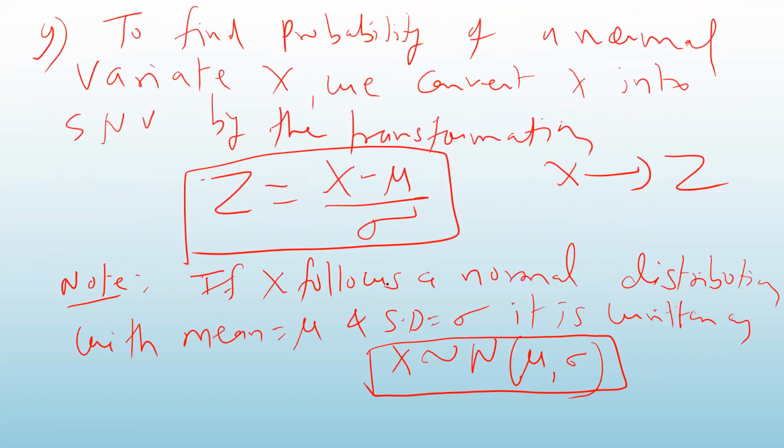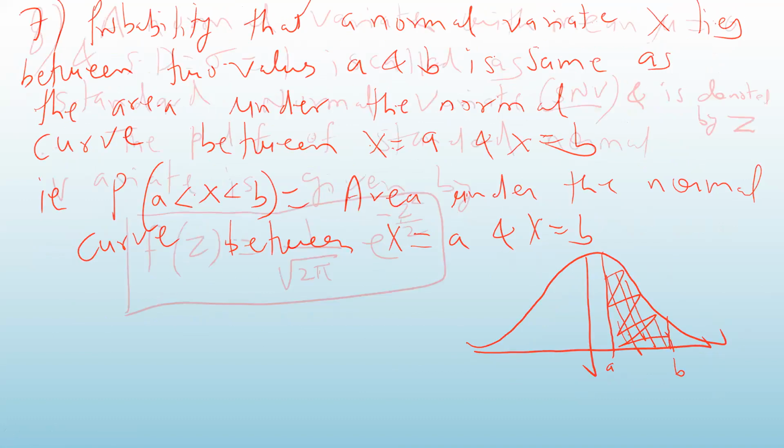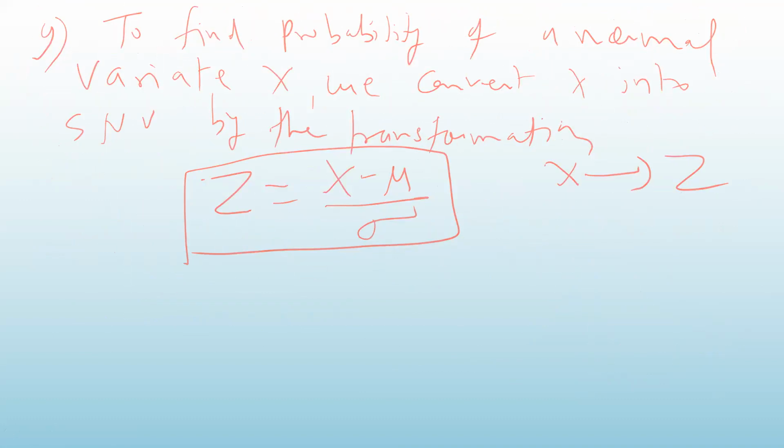Look at our property. Which property am I applying here? See here, this property: probability of x between a and b is given by the area under the curve between a and b. Now here we don't have between, we have only z greater than or equal to 0.25. So this property I am applying here.